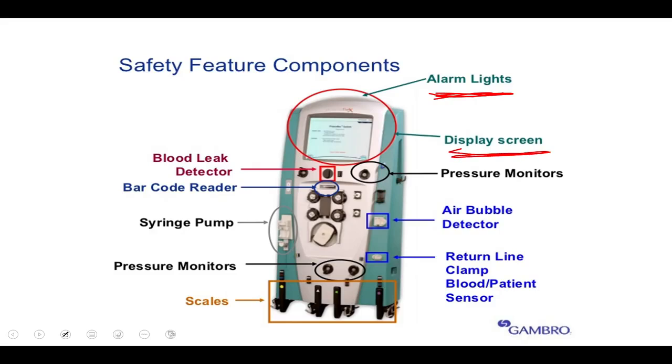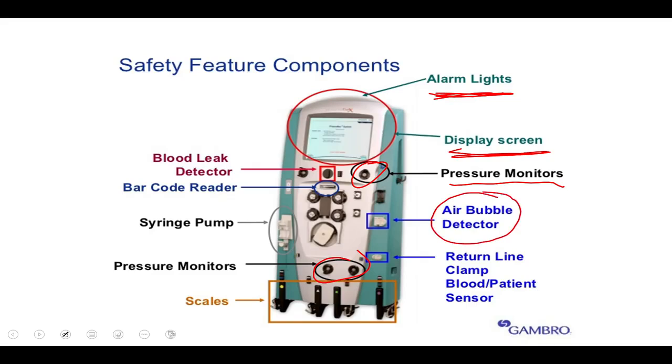The display screen is a touch screen and it displays what's going on. It gives us information about the patient, how much fluid we're pulling, and all that is displayed on the screen. Pressure monitors, we have three of them, one here, two and three over here, and they are used to identify if there are any kinks in your system.